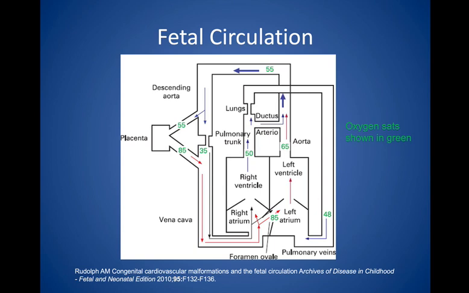Some mixing does occur, so ultimately you end up having sats of about 50% that go into the pulmonary trunk out of the right ventricle. Again, most of the blood exiting the right ventricle passes right to left across the ductus, with really only about 8 to 10% of fetal cardiac output going to the lungs. This is primarily because your PVR is high and you generally have a low vascular resistance of the placenta, which results in a lower SVR.